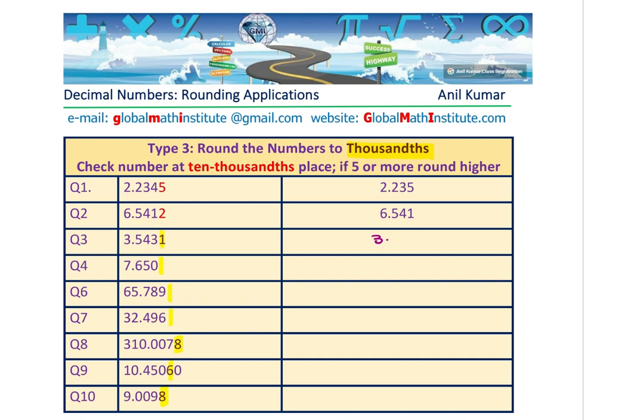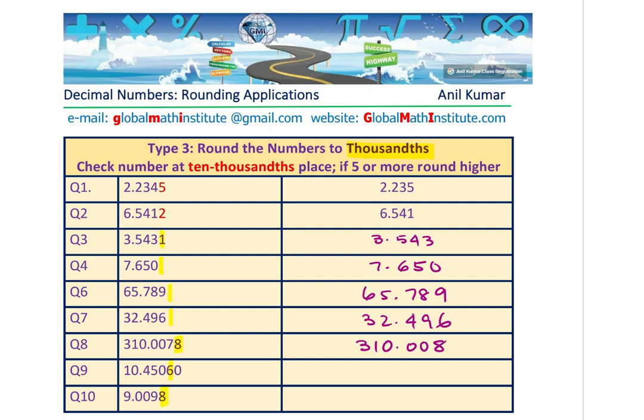It will be 3.543, exactly the same. 7.650, exactly the same. 65.789, exactly the same, because the number is already rounded to the thousandths place. 32.496, exactly the same. But here, the number in the 10,000ths place is 5 or more, 8. So we'll round it higher by 1. And so it becomes 008.